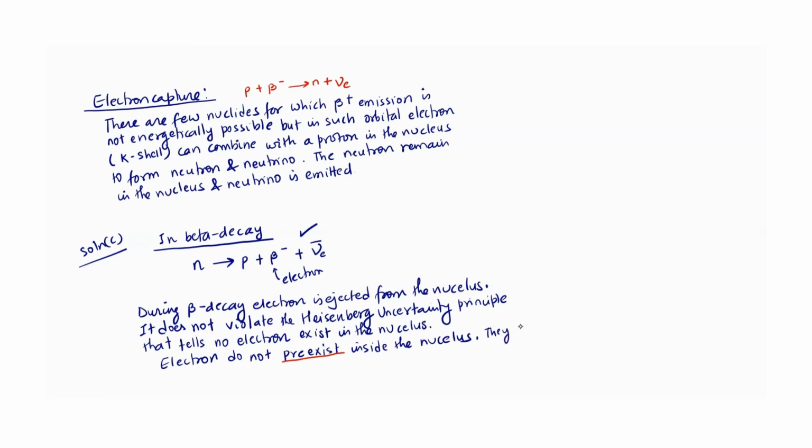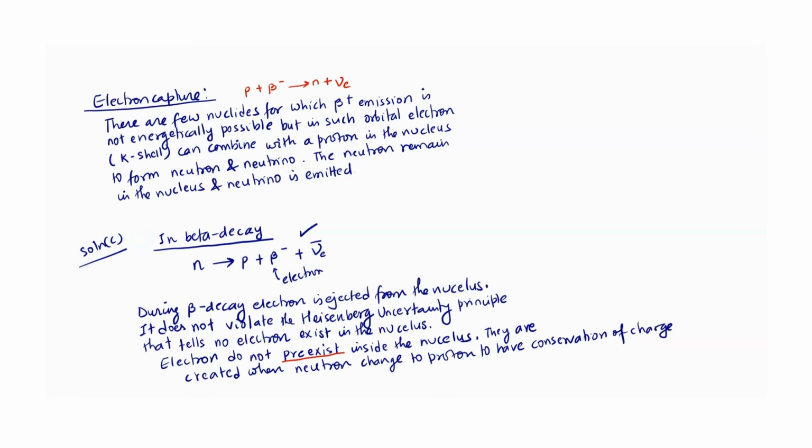They are created. Electrons are created when neutron changes to proton to have conservation of charge.